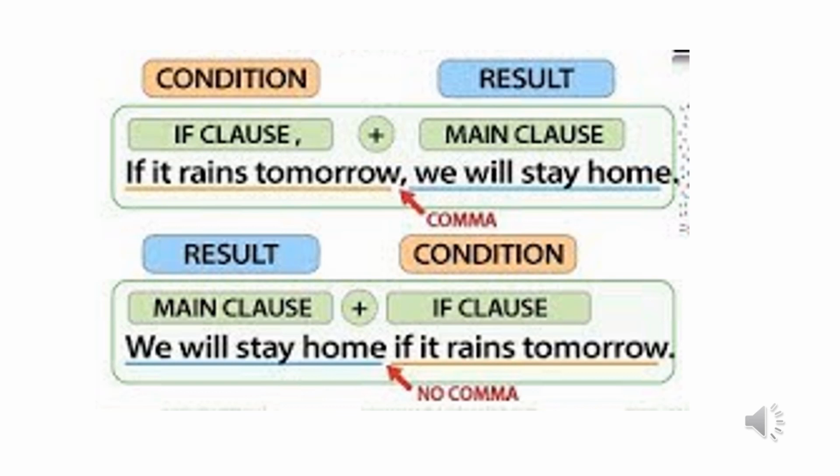Possibility number two is that we put first the result and after the condition. In this case, it is not necessary to use a comma. For example, we will stay home if it rains tomorrow.